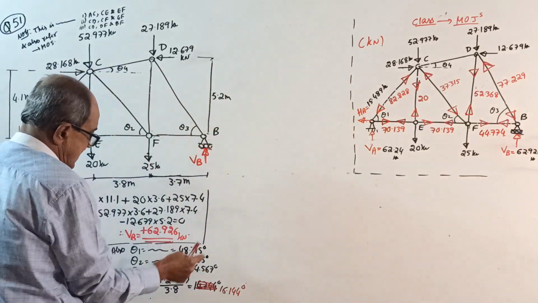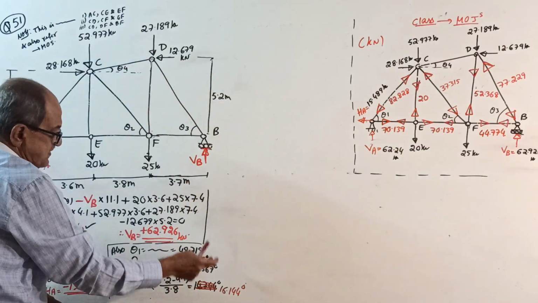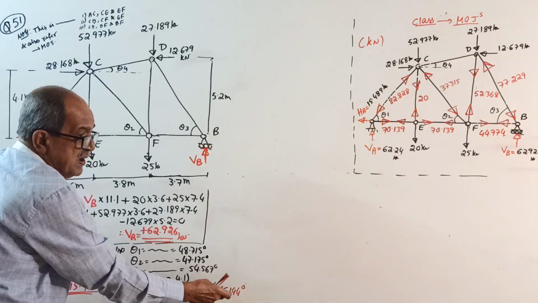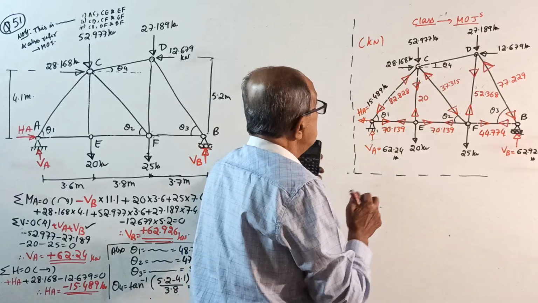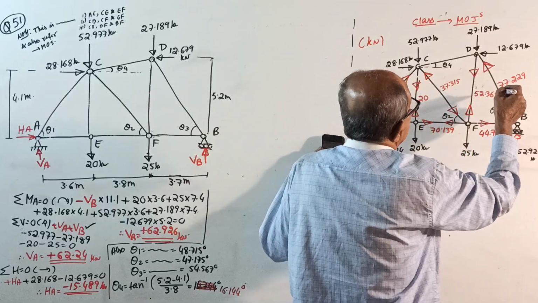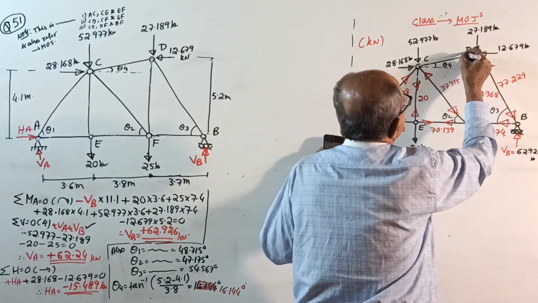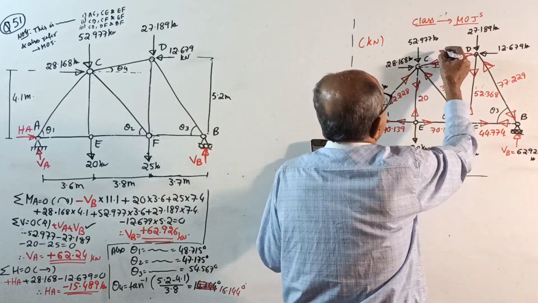I first wrote some other angle. It was a calculation mistake. This answer comes to 16.144. Make a note. The answer is 59.813. How about direction? This is down, up. 59.813.